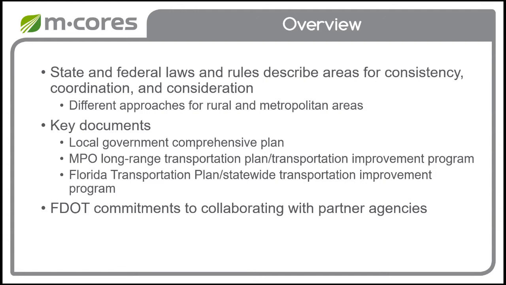Some of the key documents are local government comprehensive plans, the MPO long-range transportation plan and their transportation improvement program, and also the overarching policy plan for the entire state of Florida in terms of our transportation policy goals and objectives, which is called the Florida Transportation Plan.